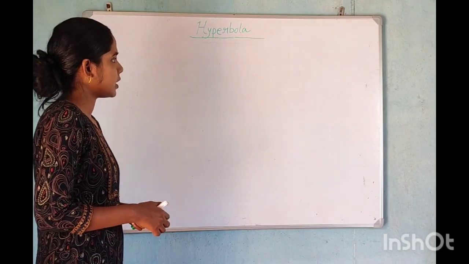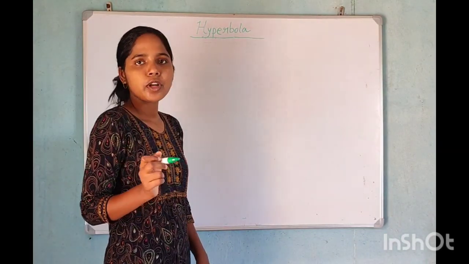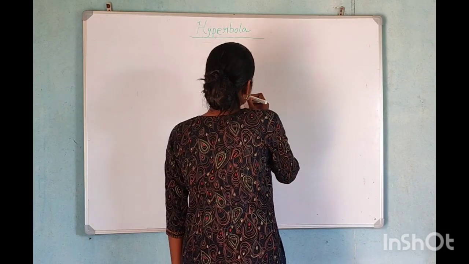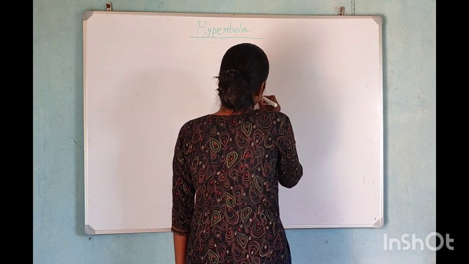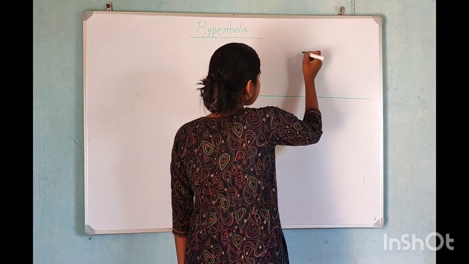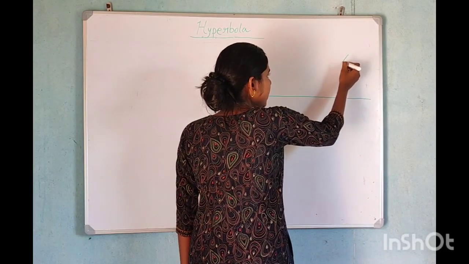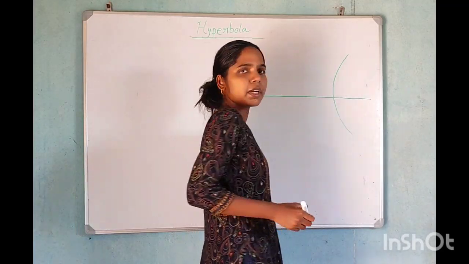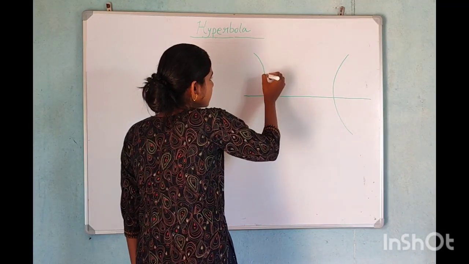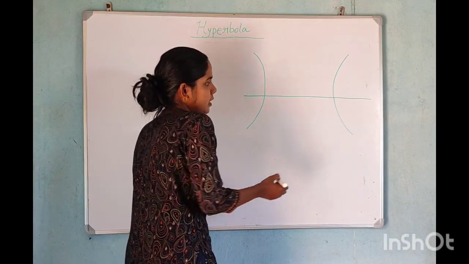So let's start. First I am drawing what a hyperbola looks like. A hyperbola is like two open curves on opposite sides.